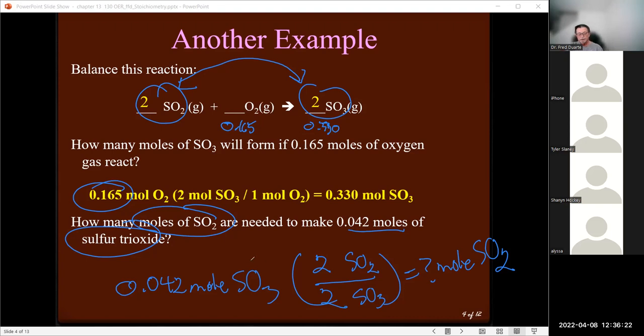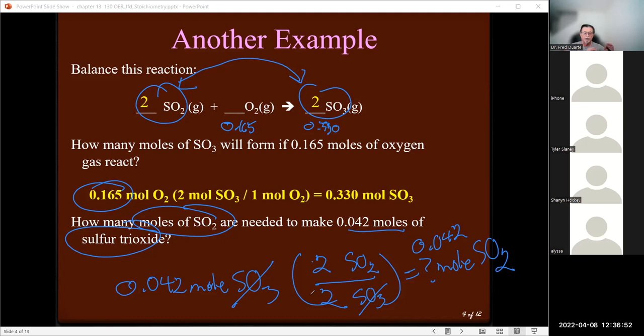Check my units. Sulfur trioxide cancels out unit-wise, leaving us with sulfur dioxide, which is what we're looking for. And so this turns out to be 0.042 moles. Why? Because 2 over 2 cancels out.